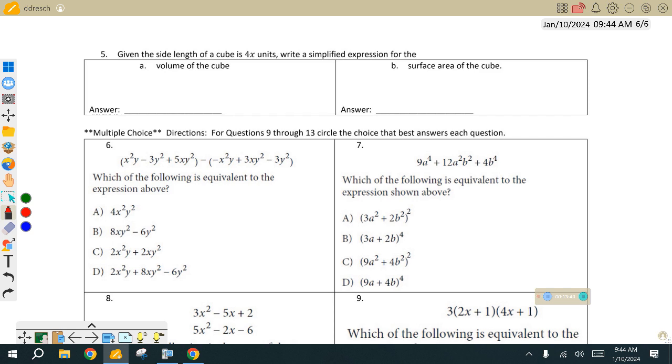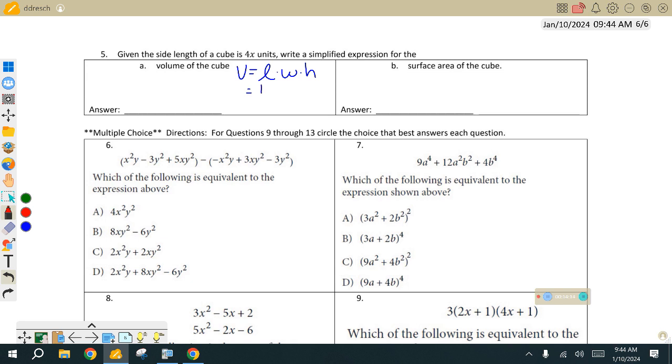So when we look at this first one there, what is the length of the cube? 4x. And it's a square, as I heard somebody say. So 4x by 4x. So just as we did on the other side a second ago, 4x times 4x is what? 16. Length times width times height.